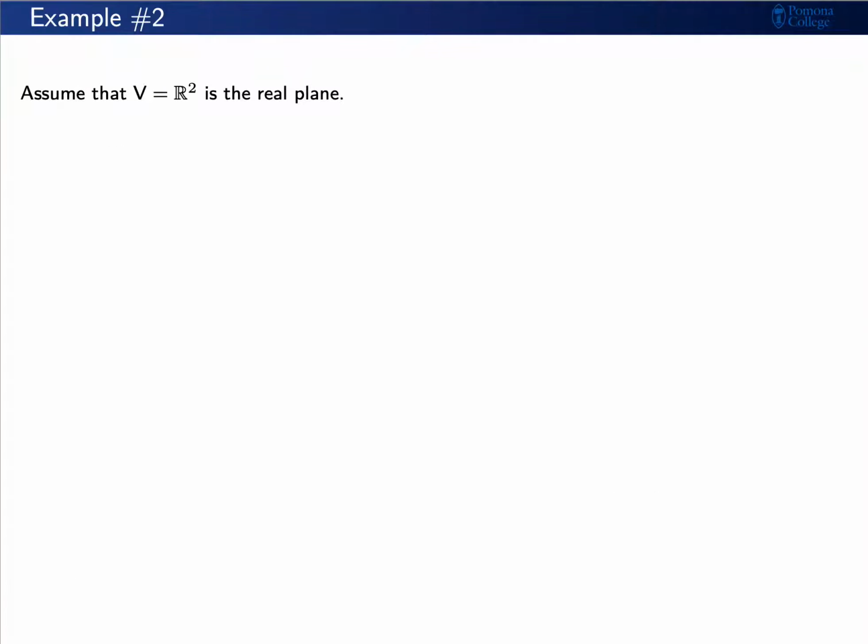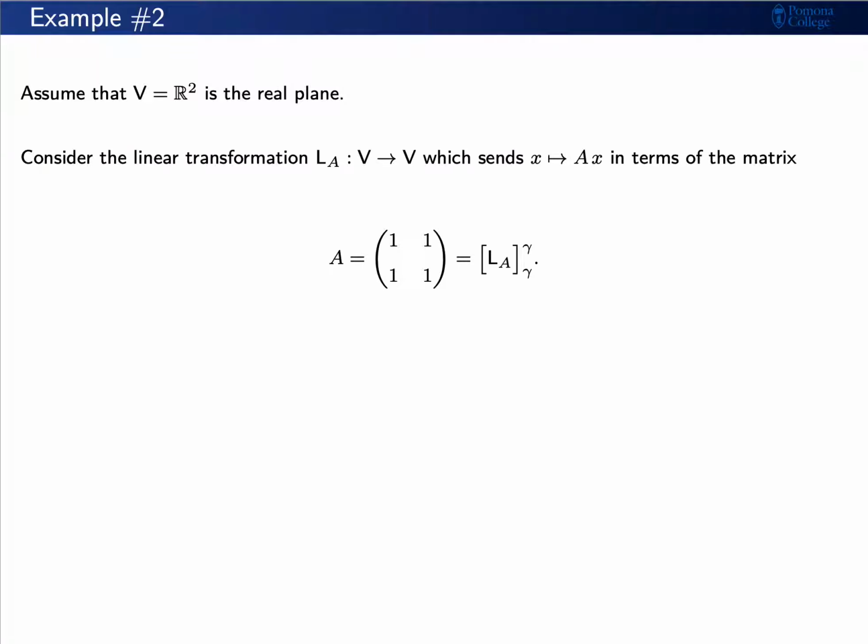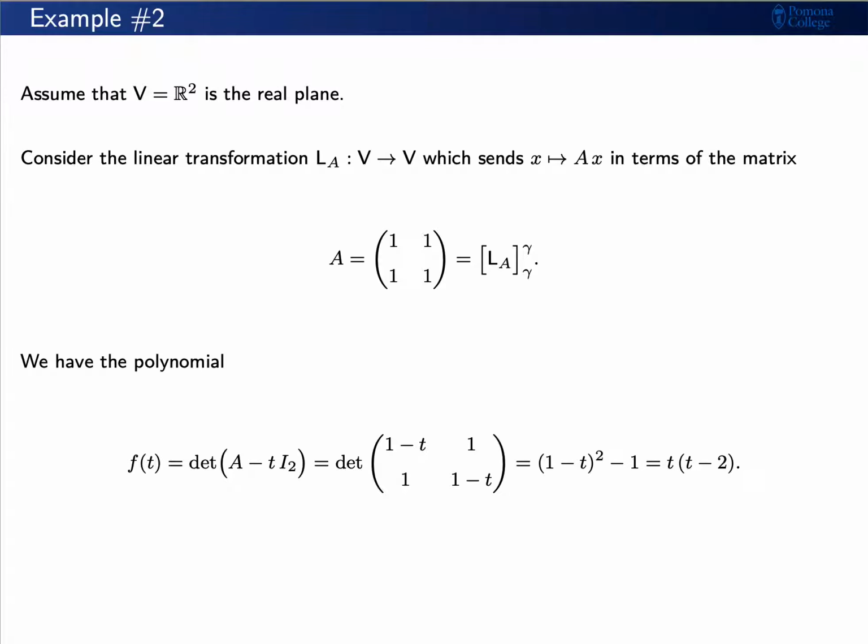Again, let's consider V as R2, the real plane, but now let's consider that linear transformation L sub A, which is left multiplication by A, corresponding to the following matrix. Capital A is (1, 1; 1, 1). In this case, we have the characteristic polynomial, which is the determinant of A minus t times I sub 2.